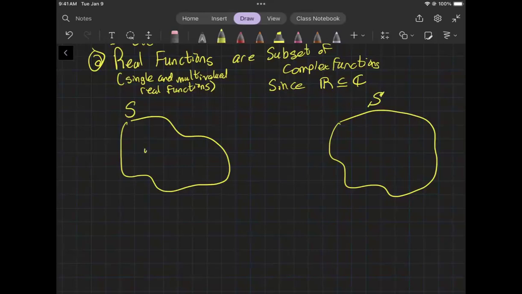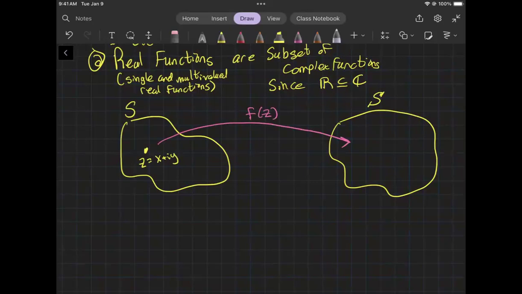And if I pick out a point in S, let's say z equals x plus iy, we want to figure out the output values if we map them with the complex function f.